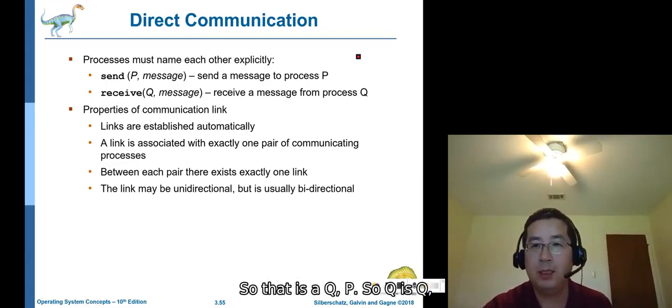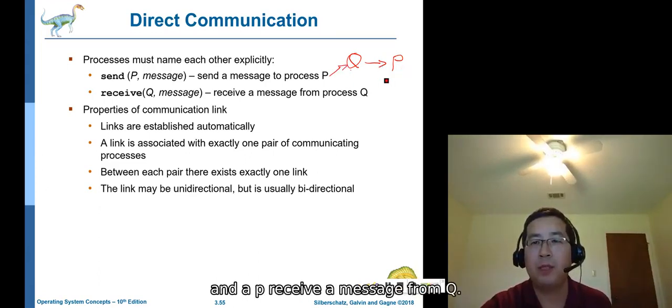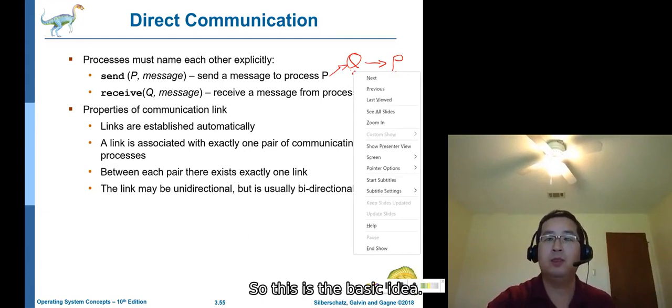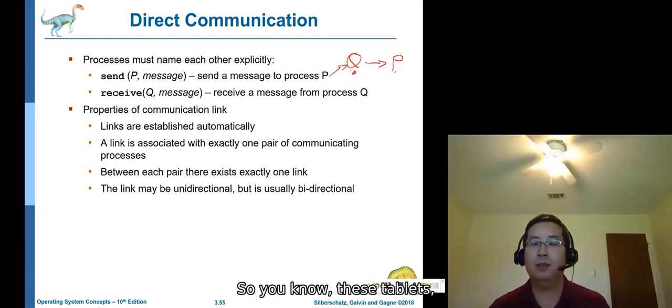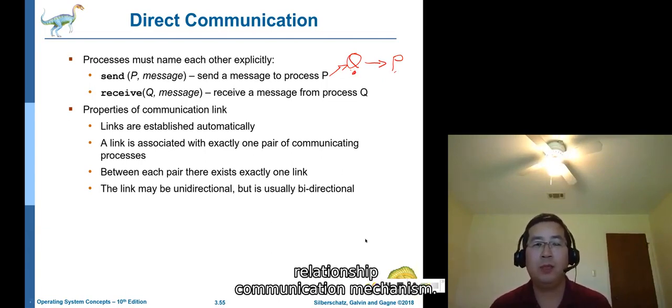Okay, so Q sends a message to P, and P receives a message from Q. So this is the basic idea. You now establish this send and receive communication mechanism.